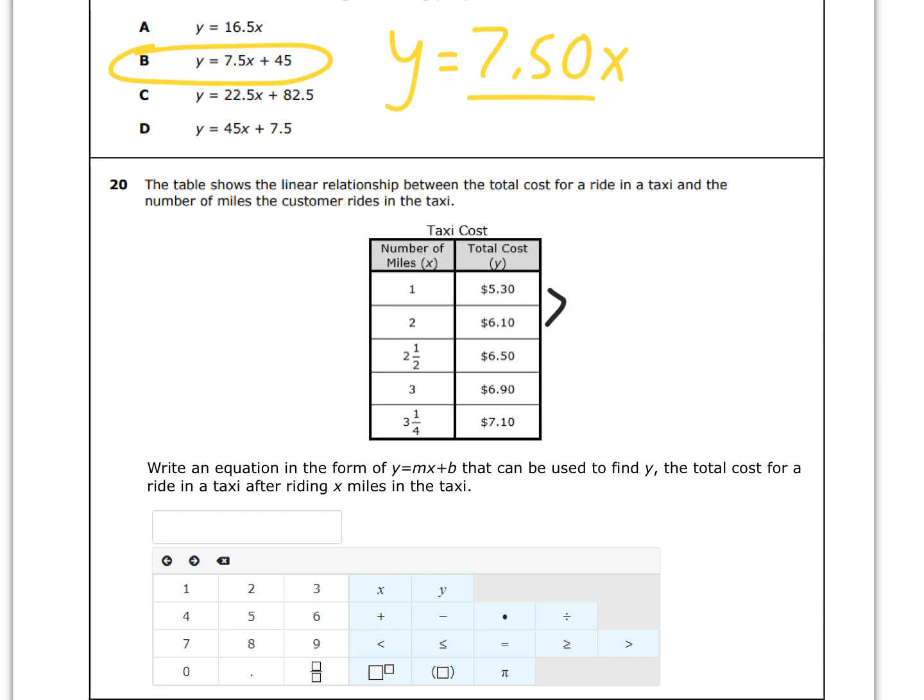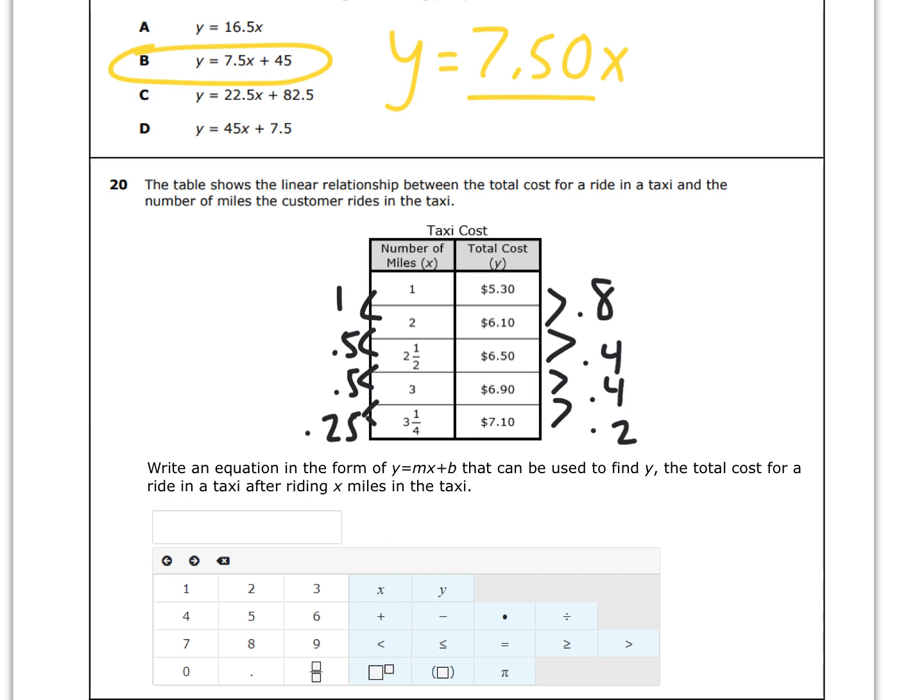So change in y, 0.8, 0.4, 0.4, 0.2, and then this is 1, this is 0.5, this is 0.5, this is 0.25. Okay, now once again, I could pick any pairing.